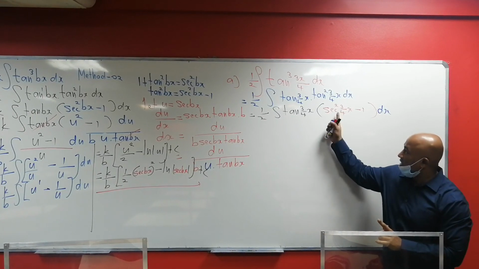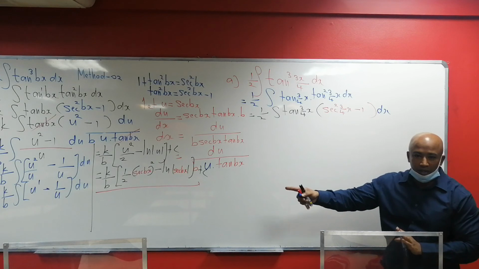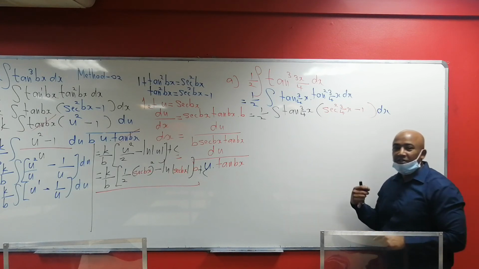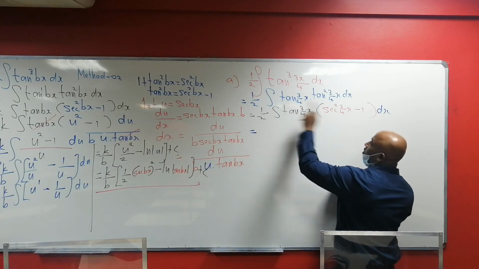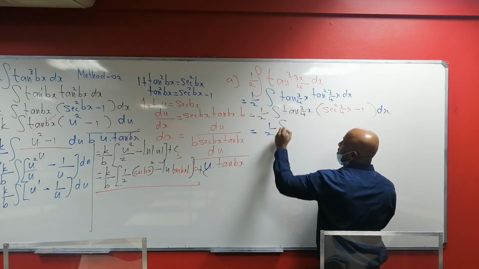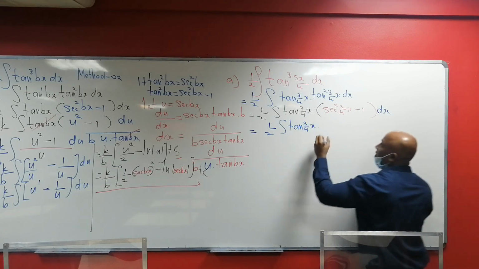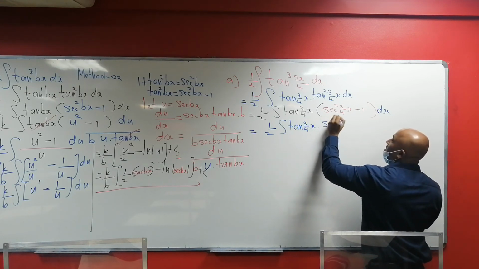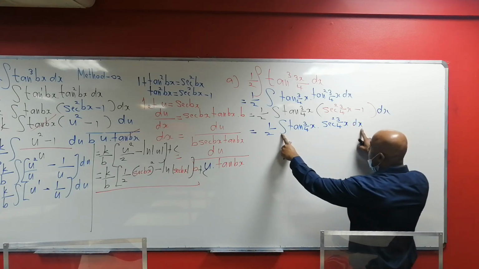One is let u equal to sec, the other one is remove the brackets. I'm going to go with option number 1 now because I want to get to the solution fast because of time. Right, so now I'm going to remove these brackets. It's going to be 1 over 2 tan 3 over 4x times sec squared 3 over 4x dx. Don't forget your integral and dx.